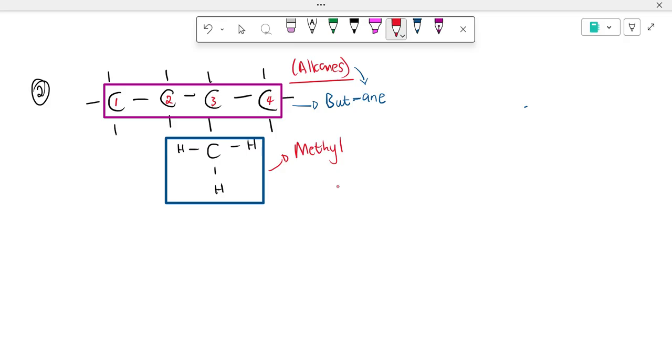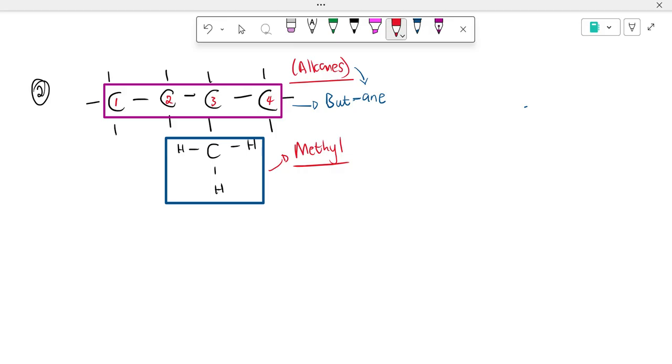Now, ladies and gentlemen, please remember when you are naming organic compounds, since you have a methyl group as your side chain, you need to make sure that you name your compounds in alphabetical order.